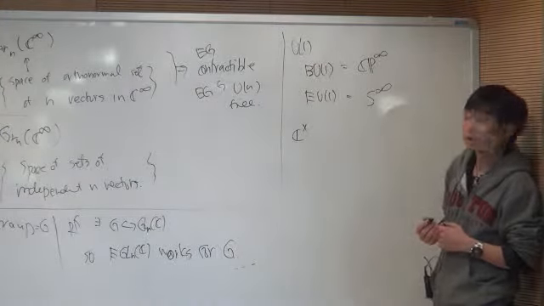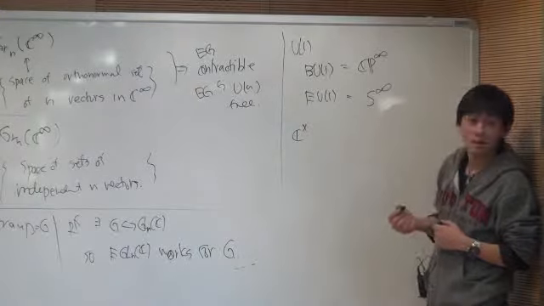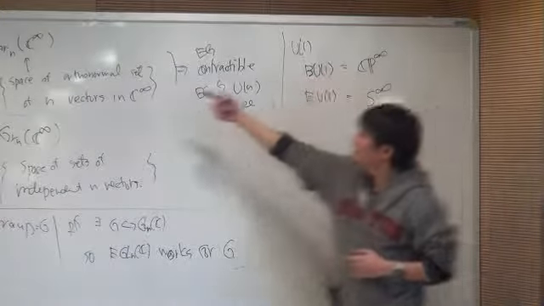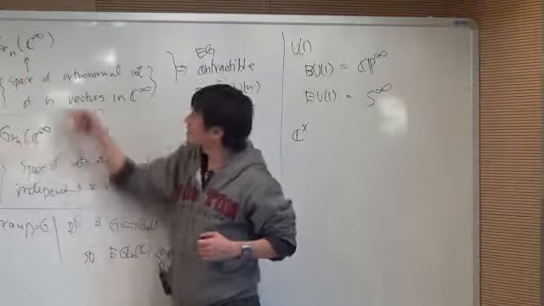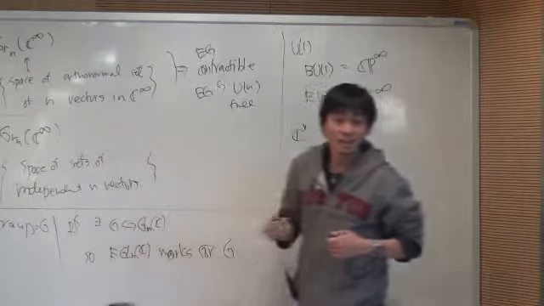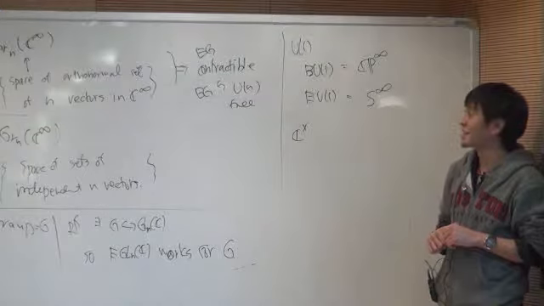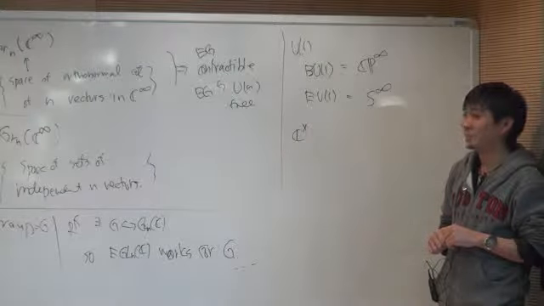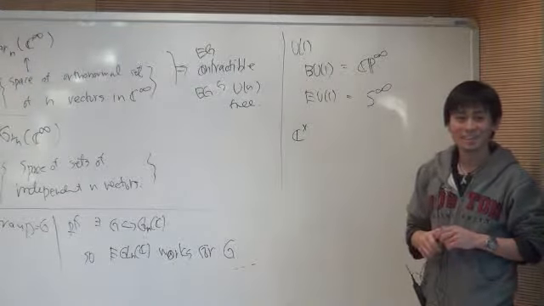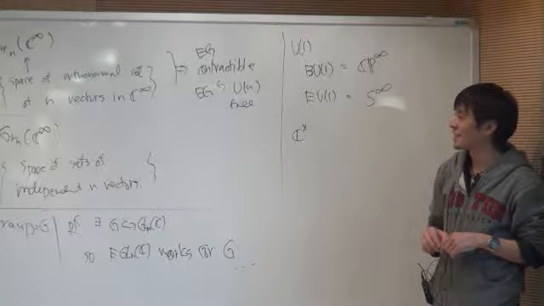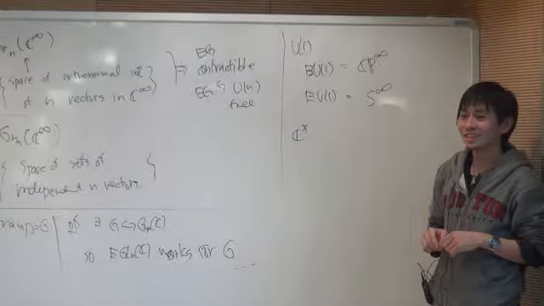Are the BG always the same, or are BG different? BG? This and this are the same. And why are they the same? Is there maybe a theorem saying that?